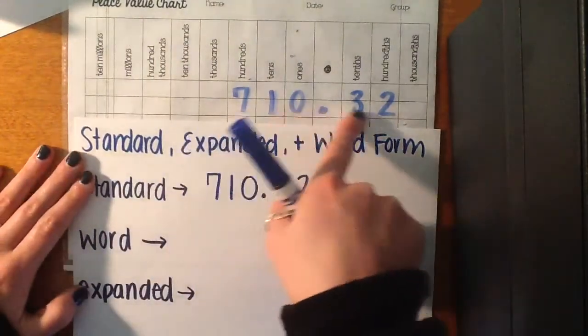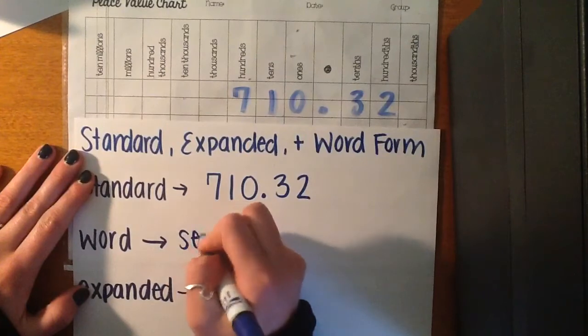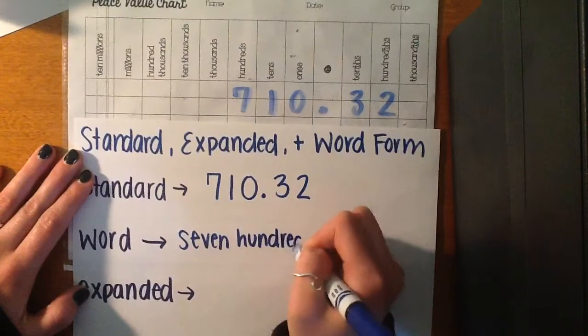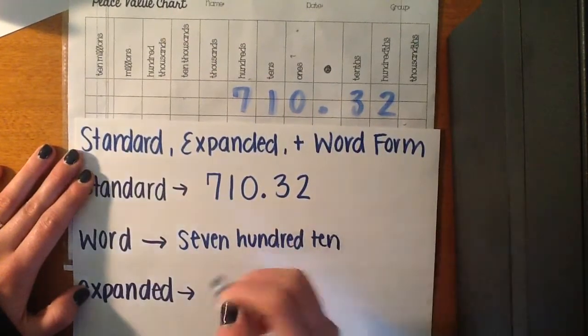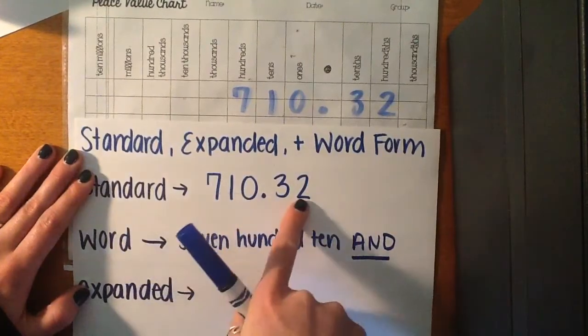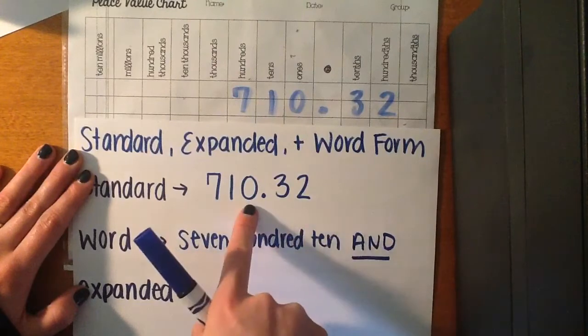So if I'm looking at my place value chart to help me, I know I have 710, and so it's so important that when you're saying this number and you have a decimal, you use the word and for the decimal.